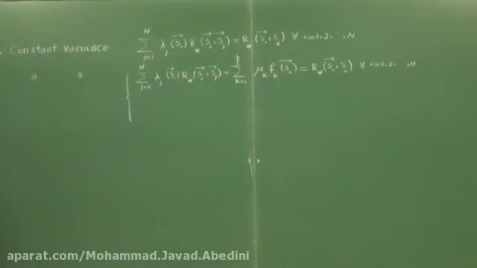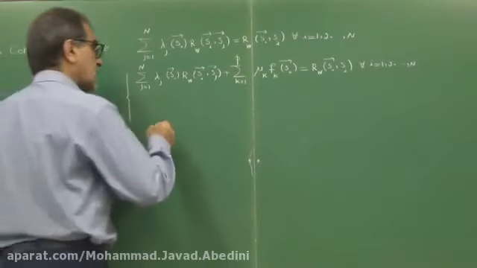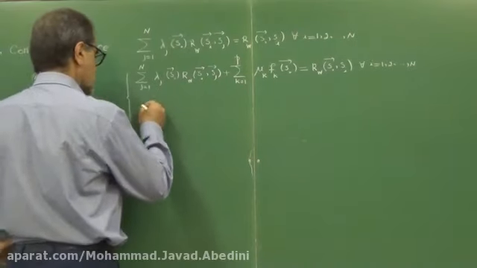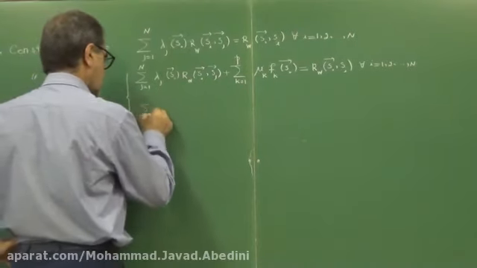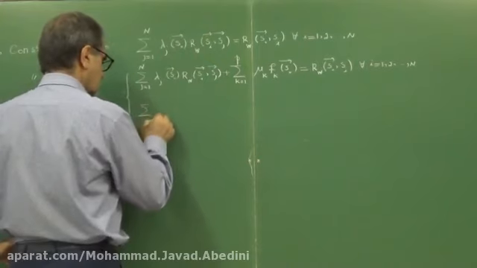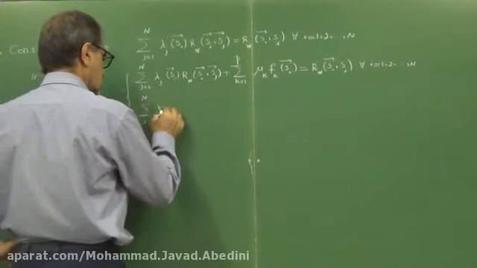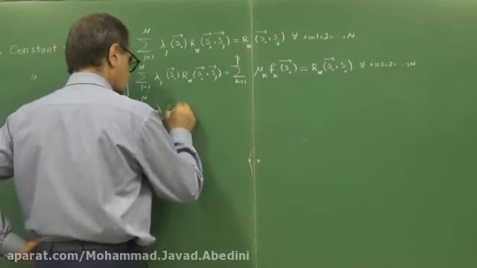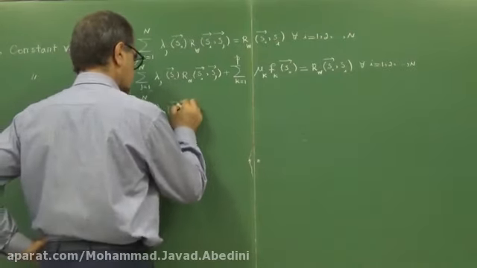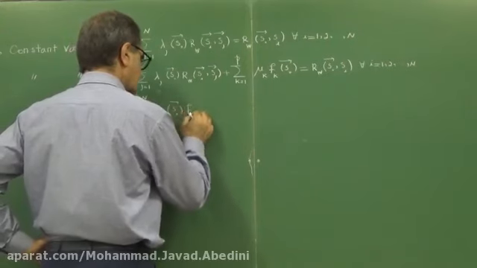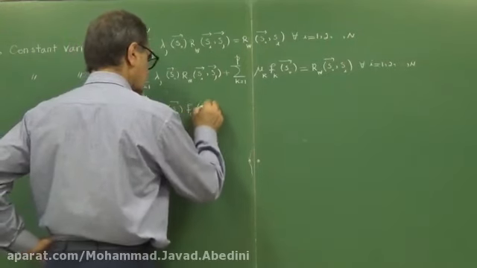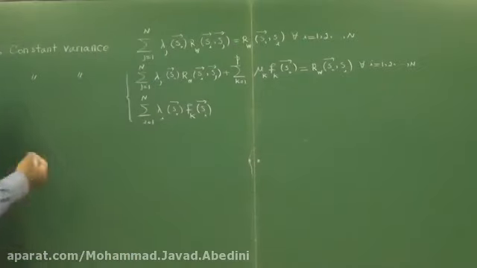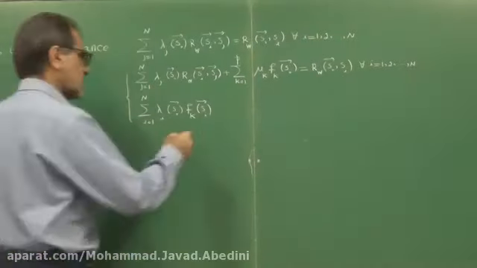Your unbiasedness condition or universality condition is going to be the summation i from 1 to n of lambda i, which is a function of S0, multiplied by f sub k at Si, and then put this equal to f sub k at S0.